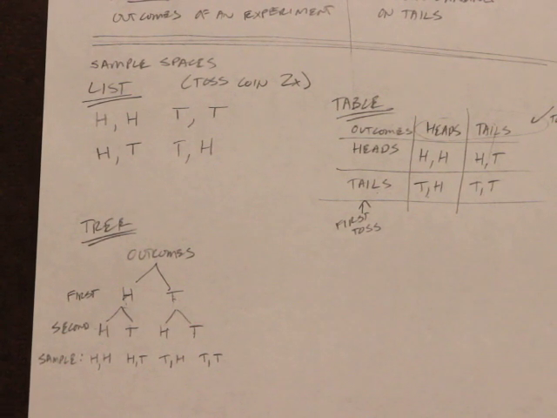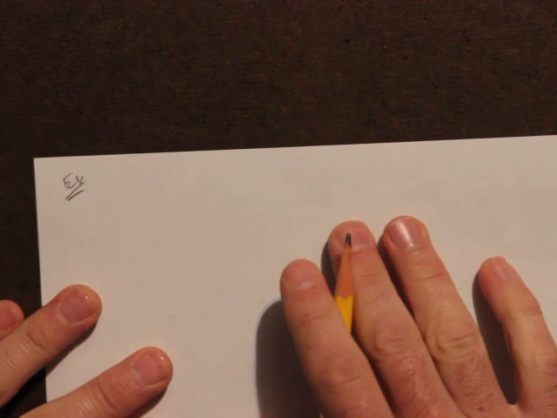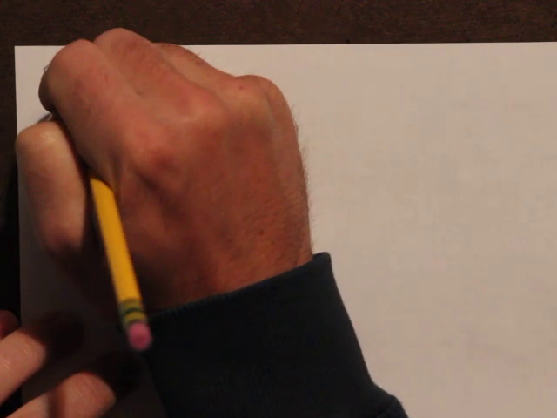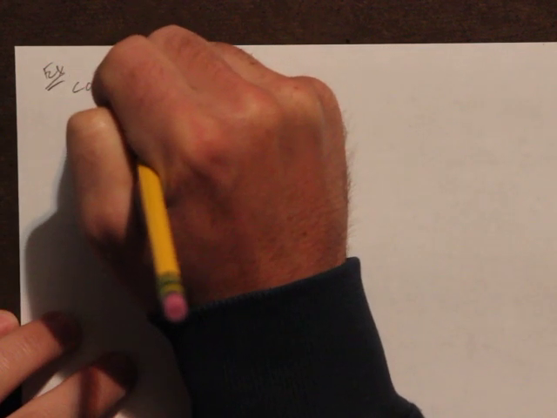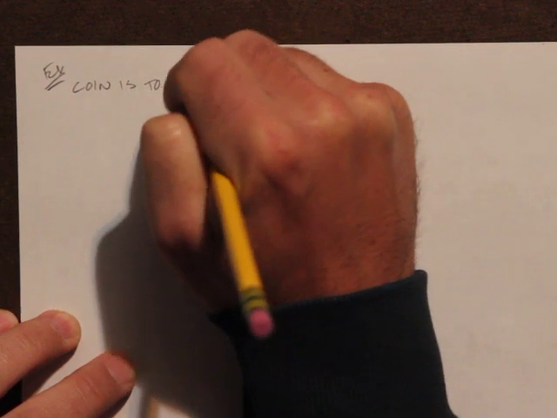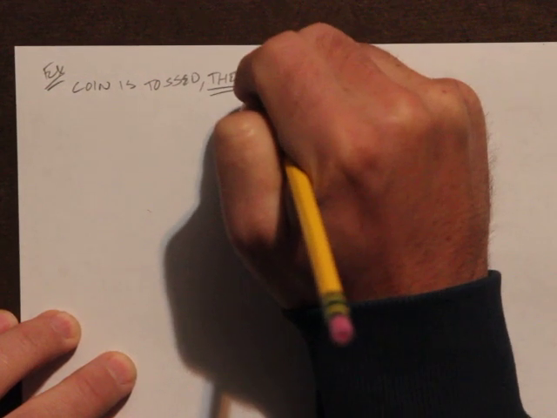So let's do some examples. So this first example, we're going to toss a coin, then a number cube rolled.